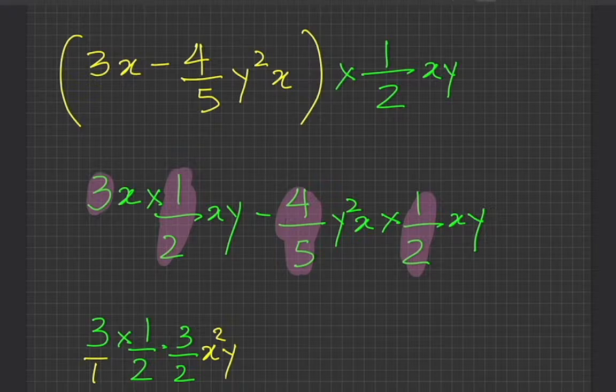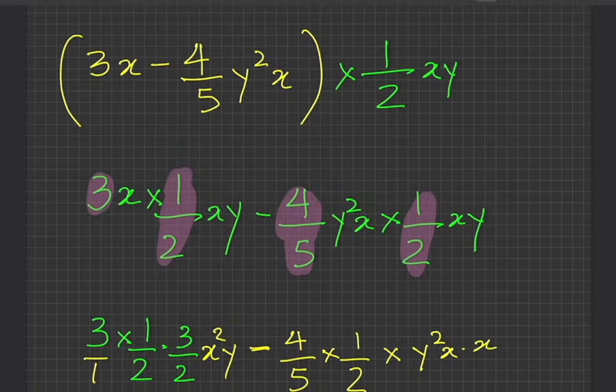Now the second term, obviously it has to be negative. Now 4 by 5. Let me expand this a bit: 4 by 5 times 1 by 2, correct? Times y squared x times xy.